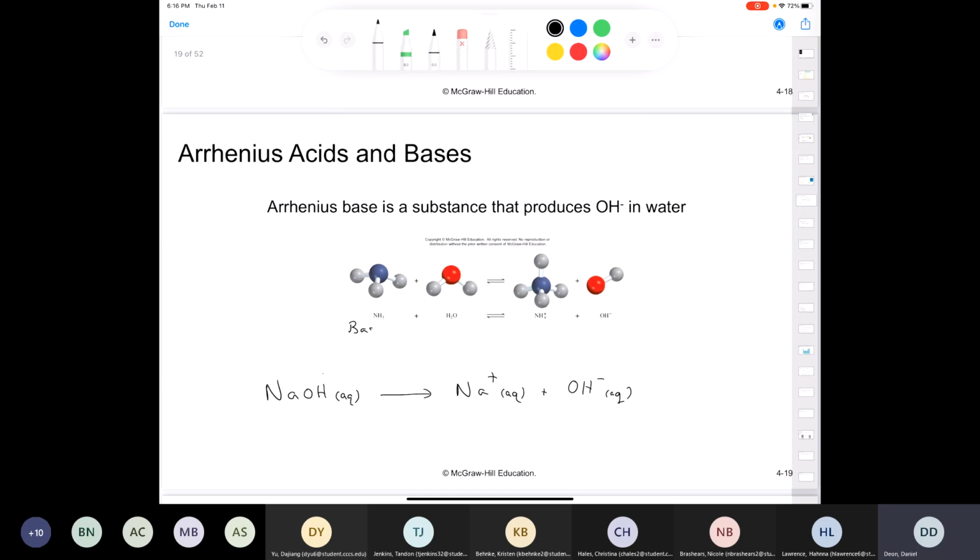Because ammonia is a base, it accepts a proton from water, which actually behaves like an acid in this case. When the ammonia takes on the proton, it becomes an ammonium ion, and you're left over with hydroxide. So you see how even though ammonia doesn't contain hydroxide, it produces hydroxide in water, and that's why it's considered a base.